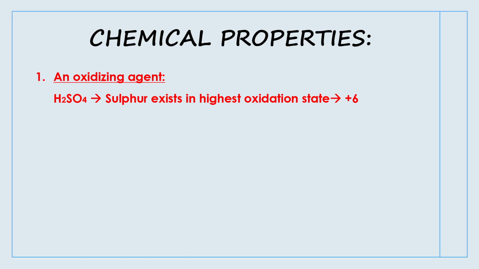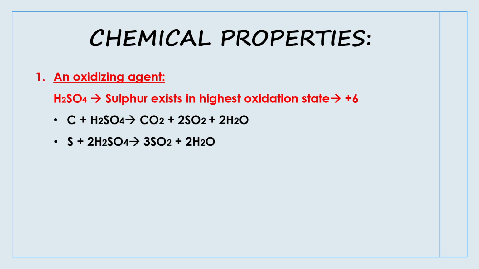Now for the reactions, in our course as an oxidizing agent, we have 4 chemical reactions. It reacts with carbon to form carbon dioxide gas, sulfur dioxide gas and water. In this equation, you can easily see that oxygen is added. With sulfur, it forms sulfur dioxide gas and water.